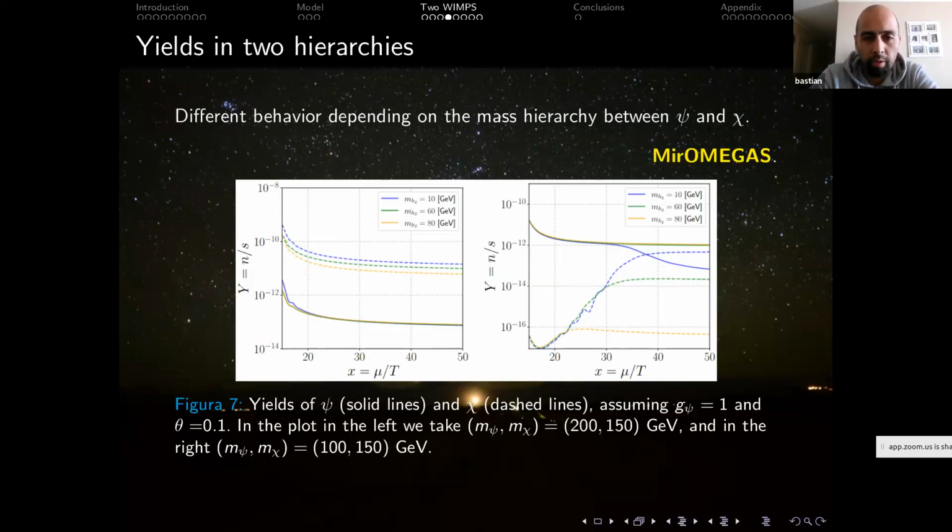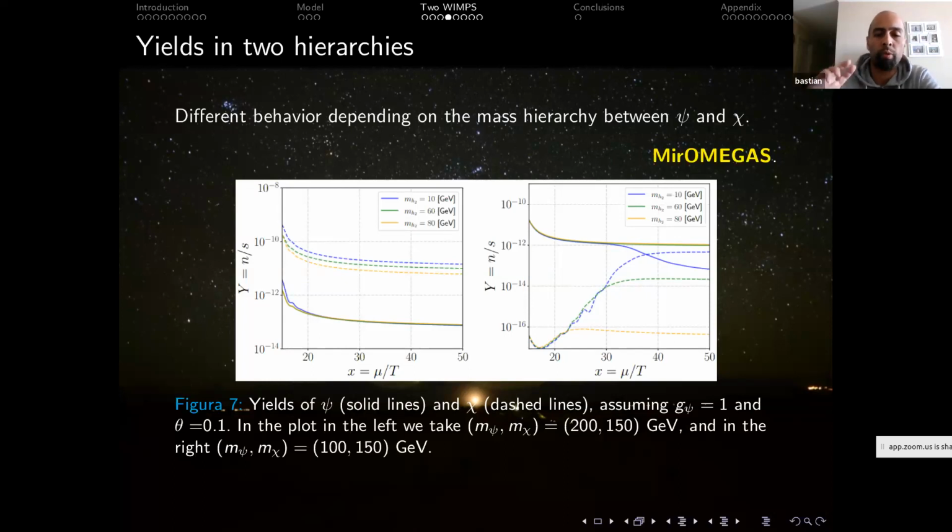I should have started by saying that the plot on the left takes into account that the mass of the fermion is higher than the mass of the pseudo-scalar. So as you can see, the freeze out is not something new. It's a typical freeze out that I showed you in the beginning.